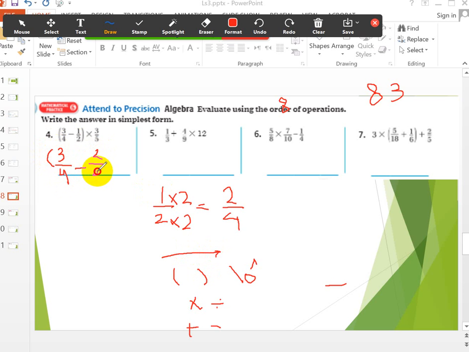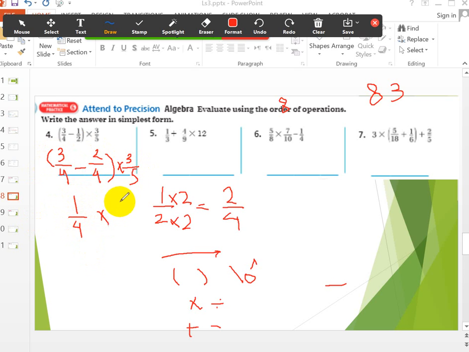Now, can I subtract the numbers? Yes. I will subtract the numerators, and the denominator will be 4. So 3 minus 2 equals 1, and the denominator will be 4. So this is the answer, 1 over 4.